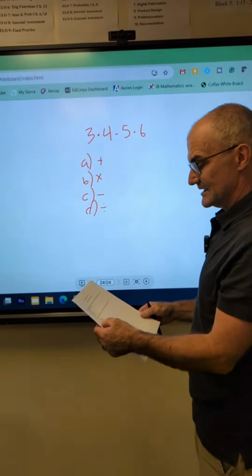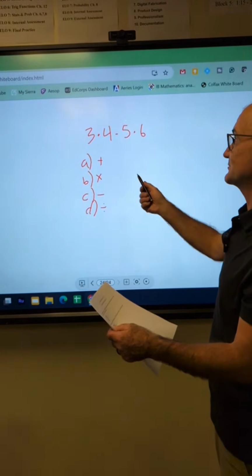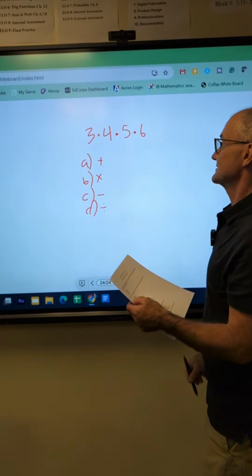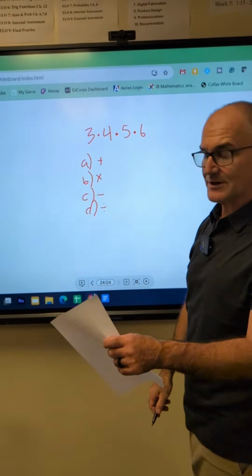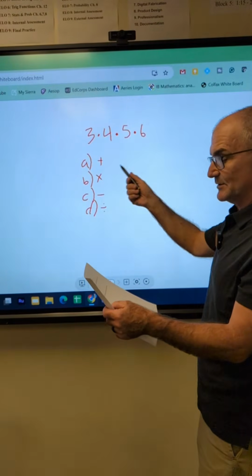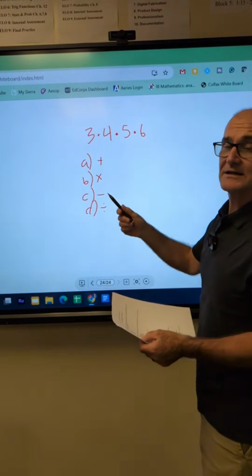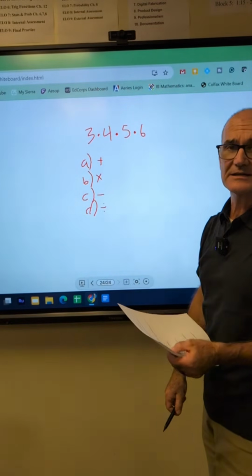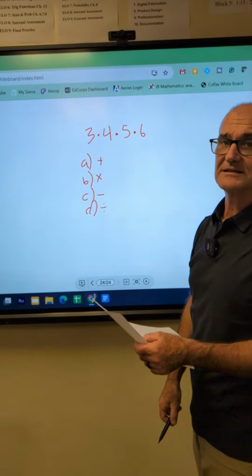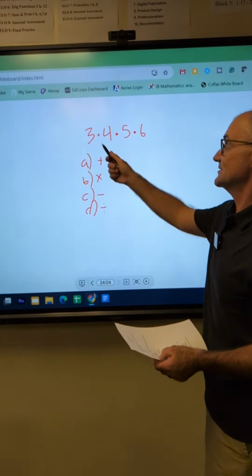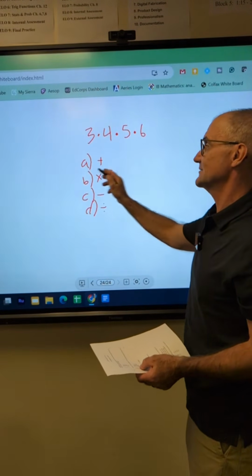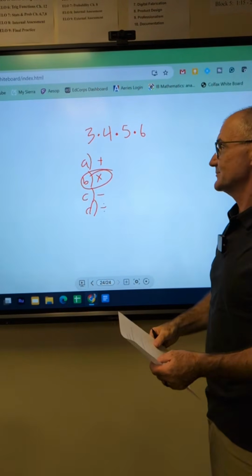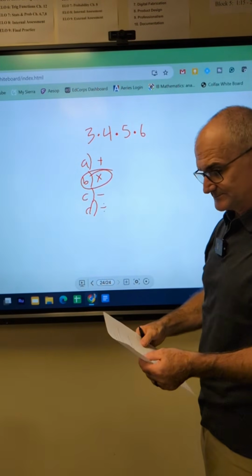The question says, the dots in this expression, so these are dots. This is a mathematical knowledge problem. The dots in the expression right here mean that these numbers are to be A, added, B, multiplied, C, subtracted, D, divided. The dots are the same thing as multiplication, so the correct answer is B, multiplication.